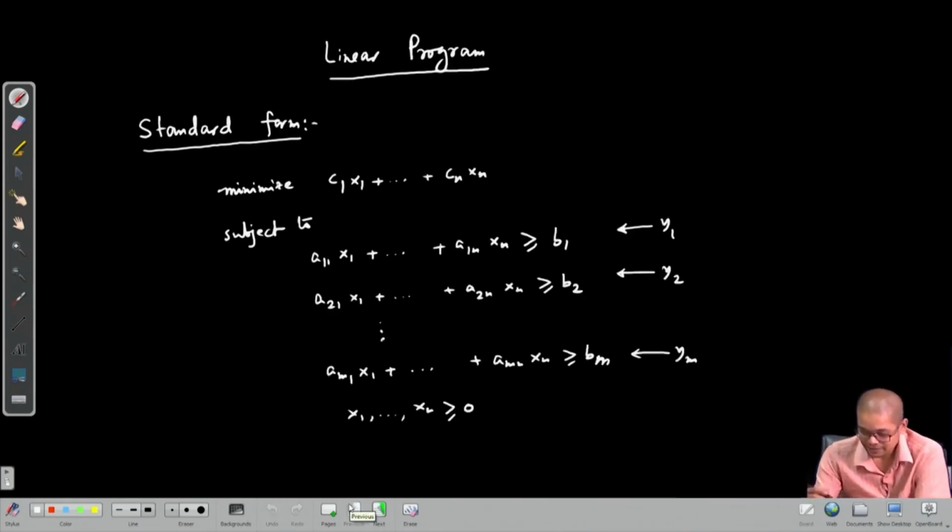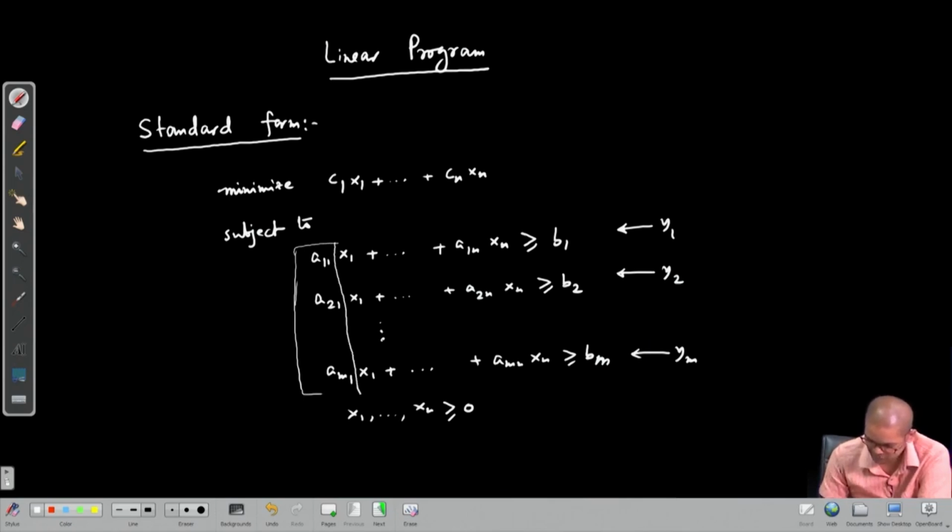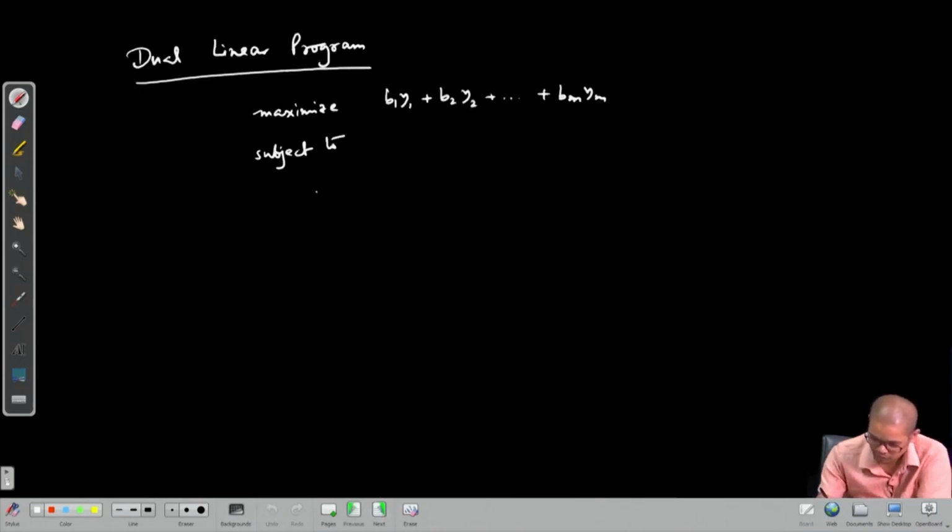what are the conditions? When I multiply and sum these m equations, the coefficient of x1 should be less than or equal to the coefficient of x1 in the objective. So the condition is a11 y1 plus a21 y2 plus dot dot dot am1 ym is less than or equal to c1.